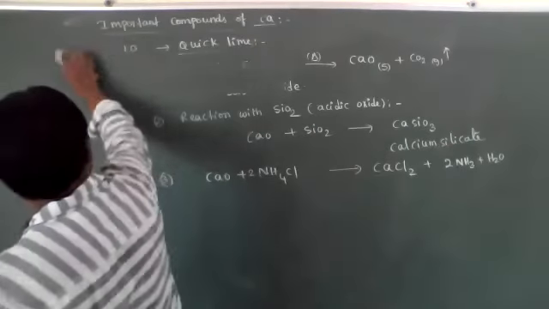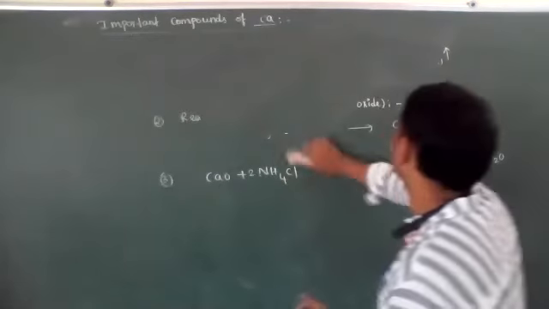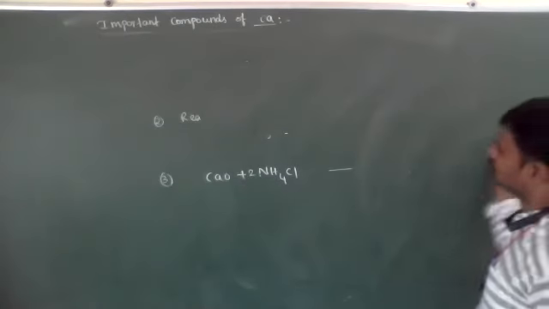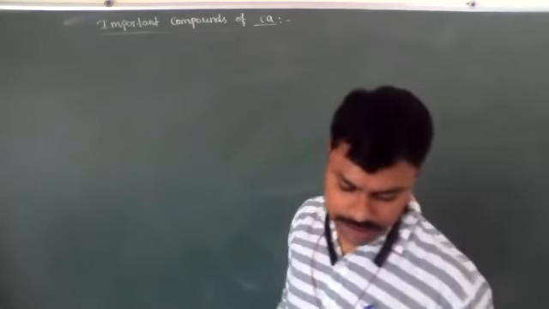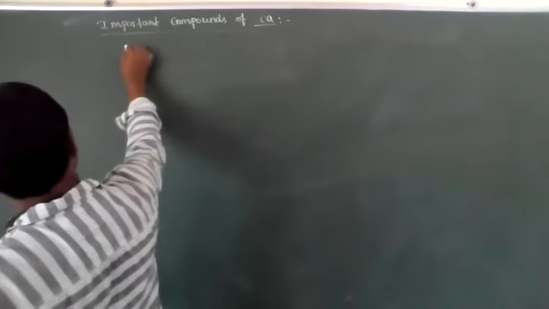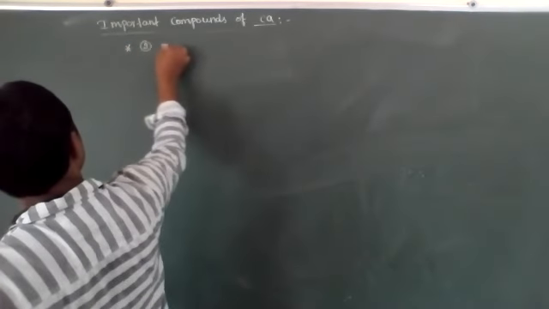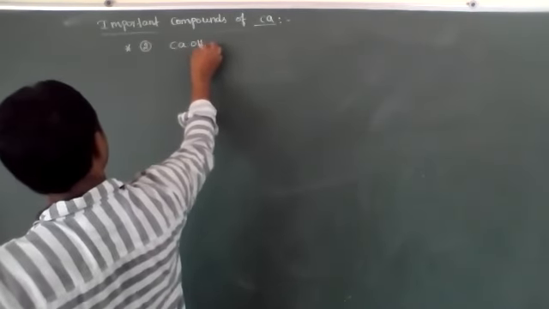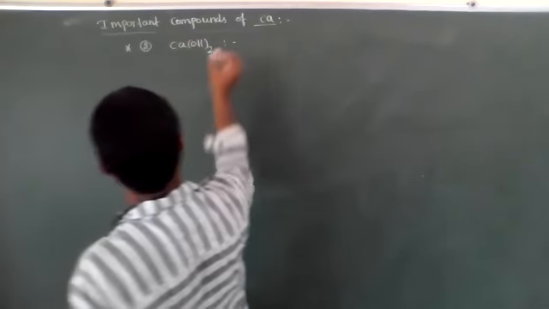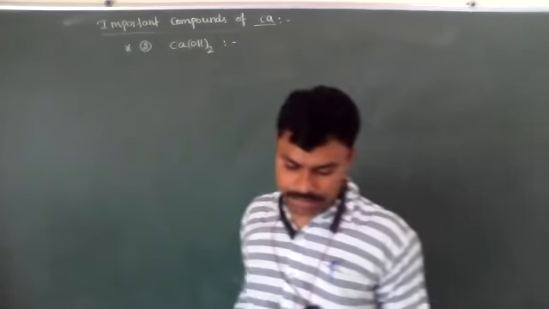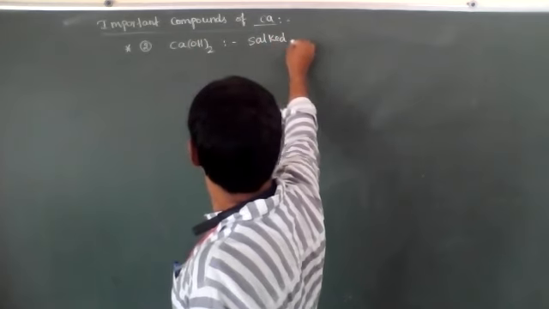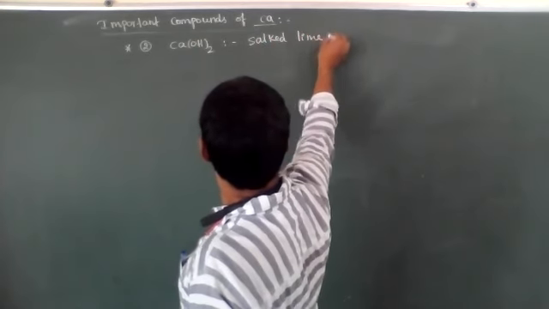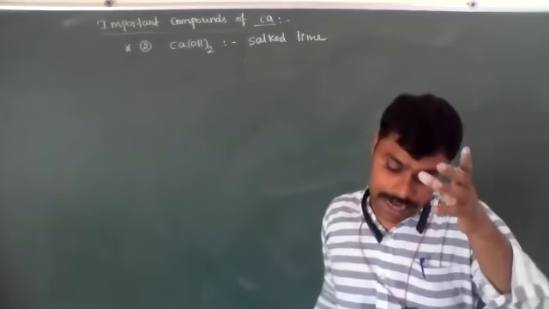Okay, let's see the second important compound of calcium, calcium hydroxide, Ca(OH)2. This calcium hydroxide is known as slaked lime.